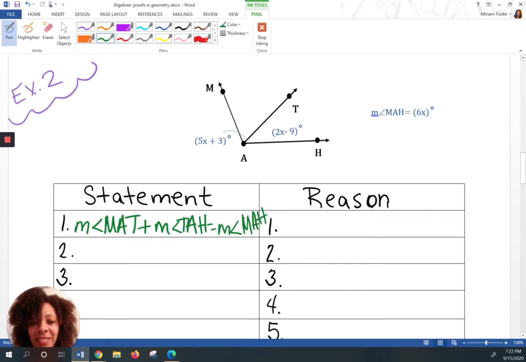All right, so let's look at that. The measure of MAT plus the measure of angle TAH is going to equal the entire angle, the measure of MAH. Okay, so why is that true? The reason it's true is because of the angle addition postulate that we talked about earlier.